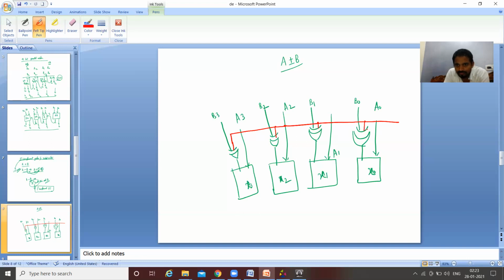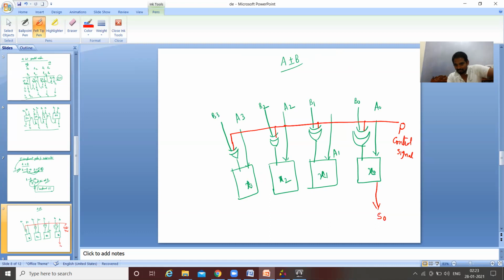So here, consider this one is P. Let us assume this is P. P is a control signal. Now here, this is the output of the full adder.